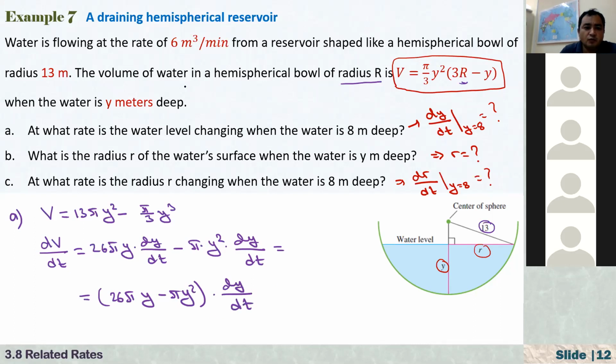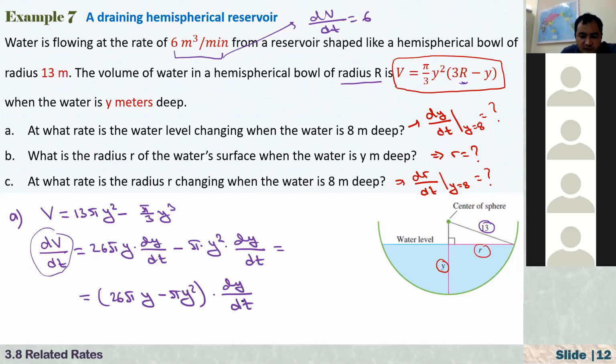And we know the rate of flow: that is 6 cubic meters per minute. That is dV/dt, equal to 6. Now we need to find dy/dt.